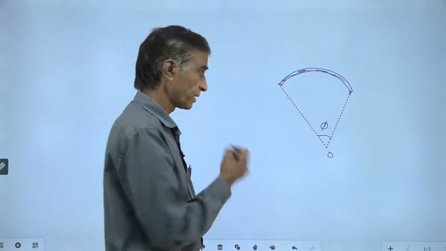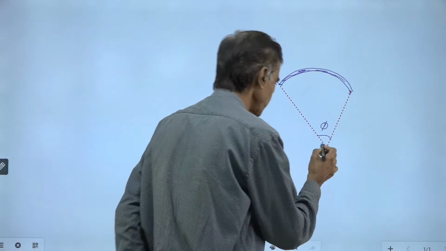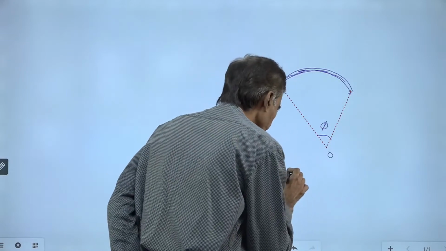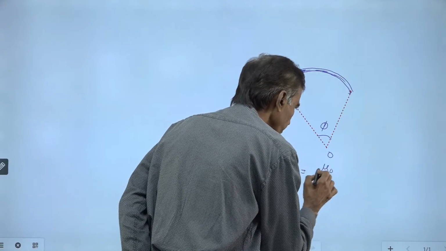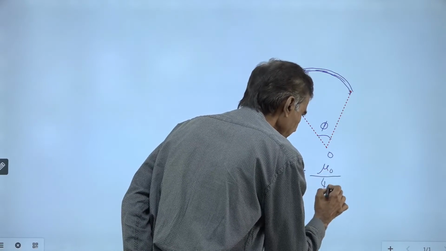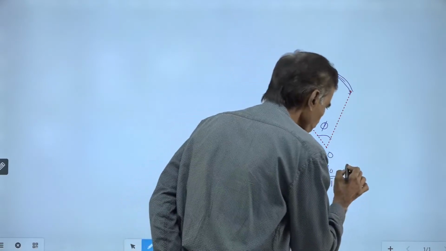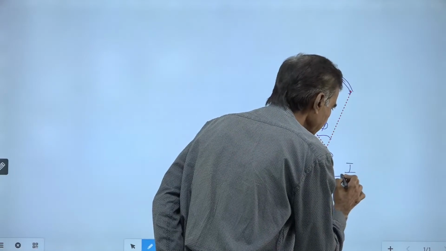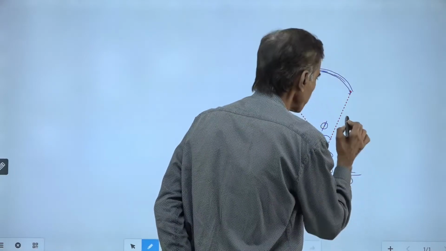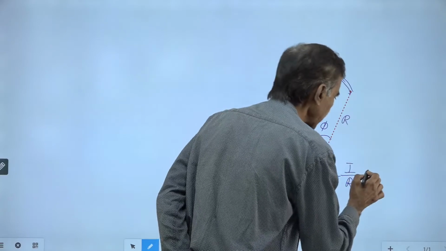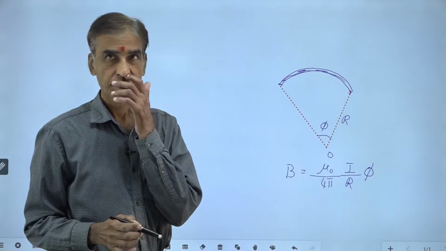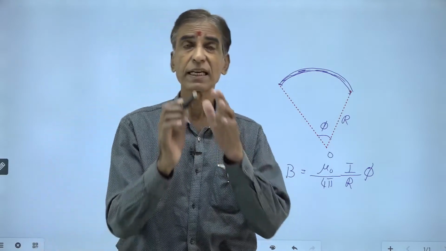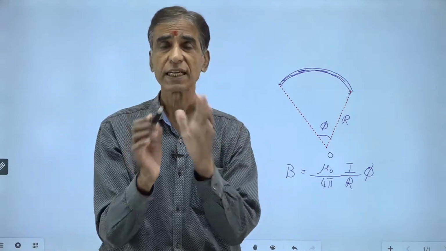Then from this we can generalize the field: B is equal to mu naught by 4 pi into I by R, where R is the radius, I by R into phi. So that is for an arc of a circle.